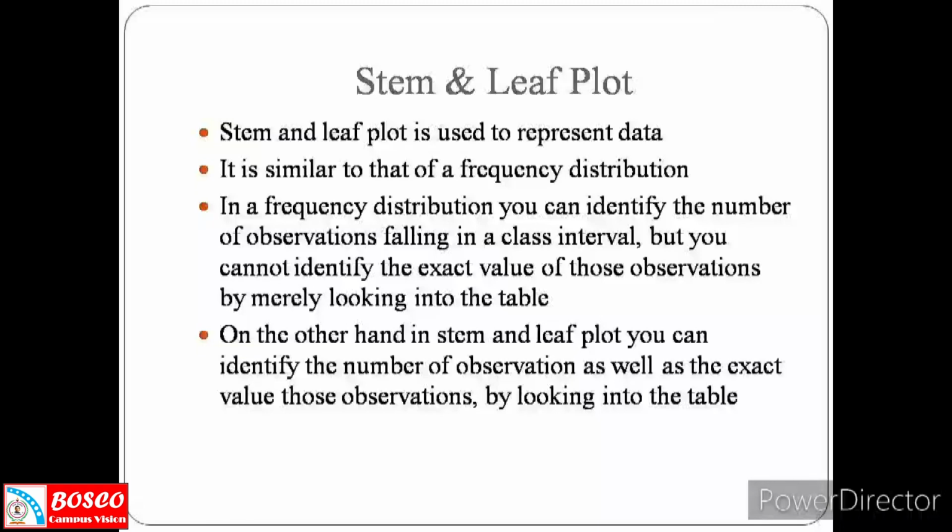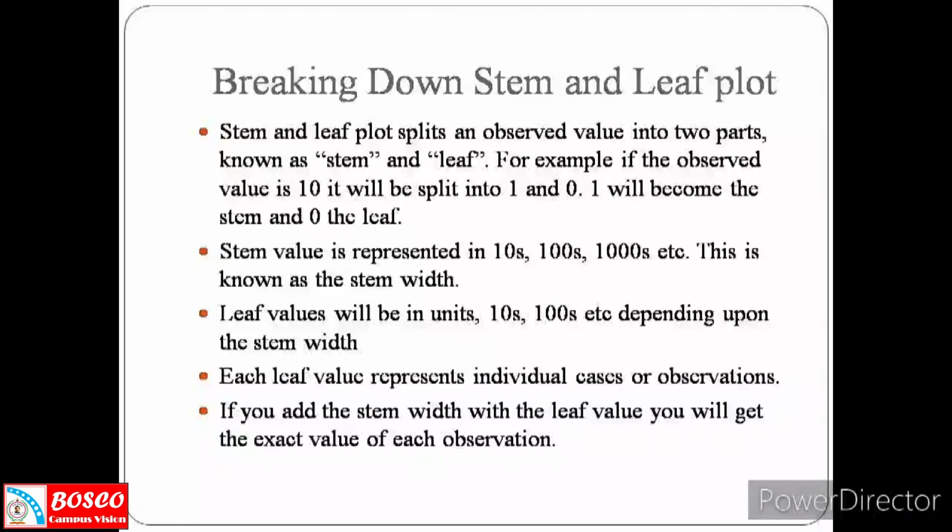On the other hand, in a stem and leaf plot, you can identify the number of observations as well as the exact value of those observations by looking at the table. Now let's see how it is possible.